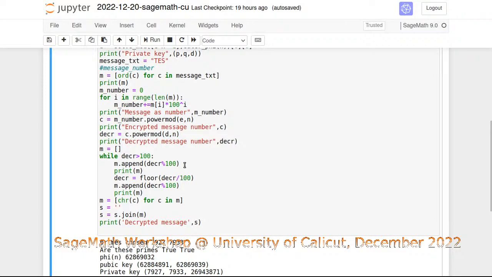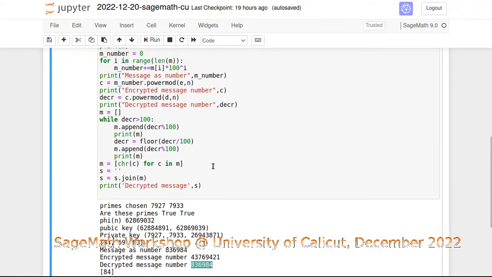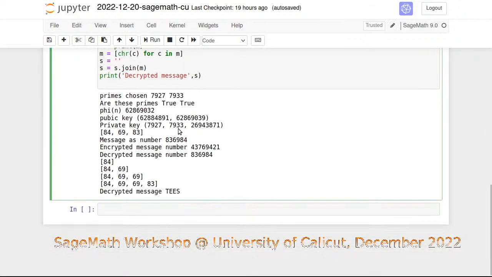Okay, initially what happens, the number is 836984. From that we want to get 83, 69, 84. So initially this is divided, split with modulo 100. If we take that, we will get 84 as the first one.